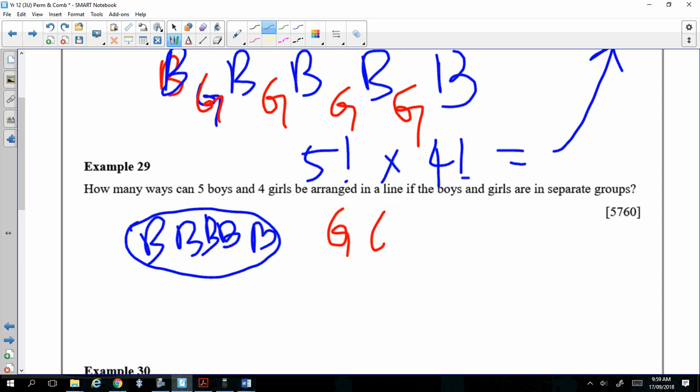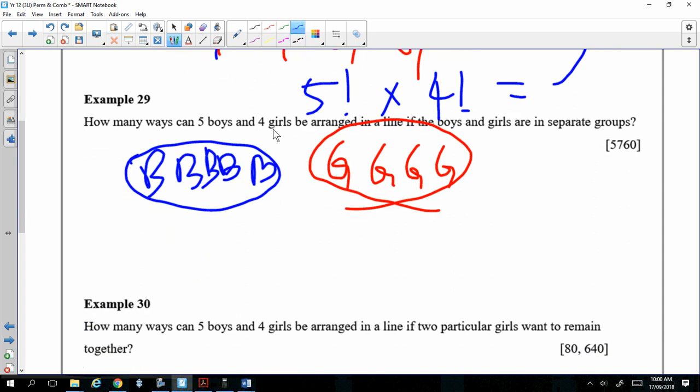So basically, 5 factorial ways to arrange the boys, 4 factorial for the girls, and what else do you have to do? Yes, because you can swap these, so you times it by 2 factorial. Because if there are 3 groups, you can do 3 factorial. Okay, good.